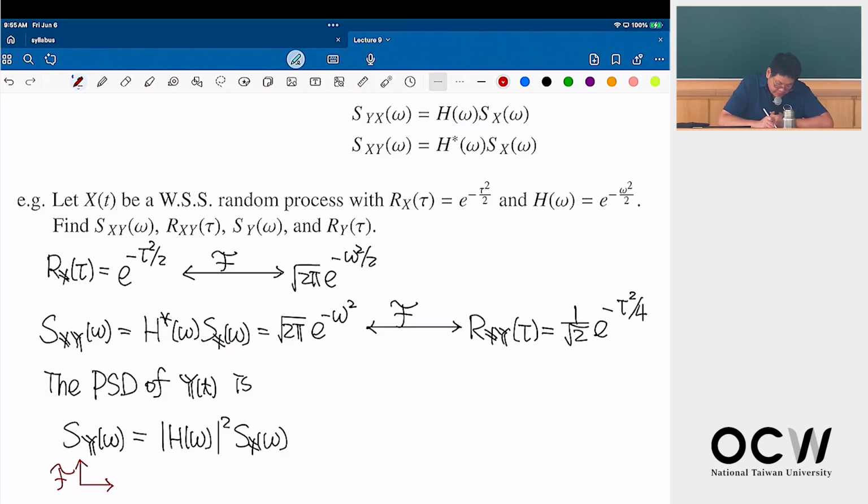We have the Fourier transform. Wait, we haven't got the power spectrum Y.